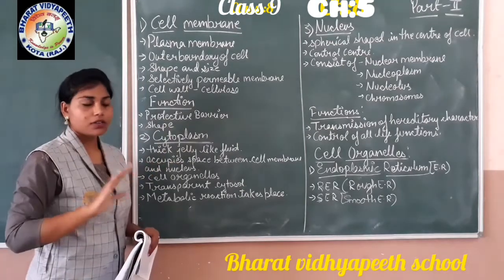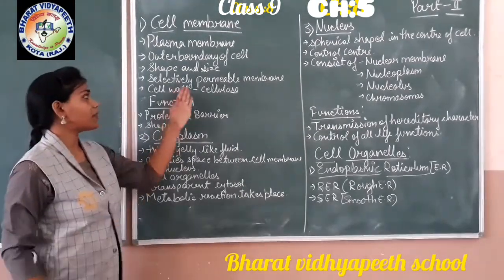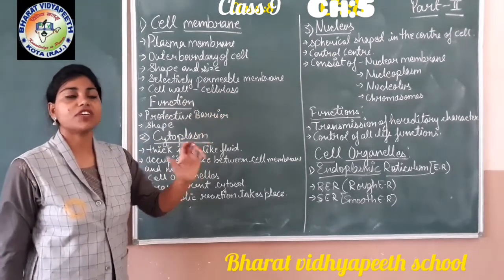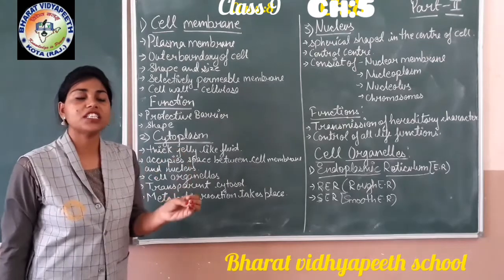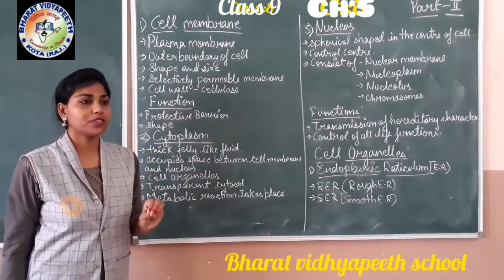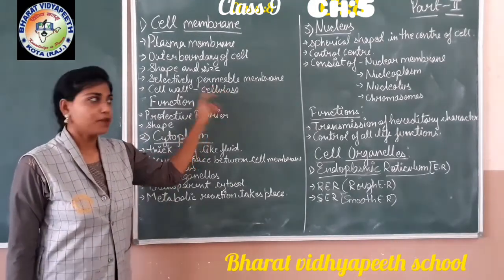The cell is present, and there is also an environment around the cell. This membrane allows only the required material, when the cell requires some nutrients or some material. It allows only that type of material which the cell requires to enter into the cell.